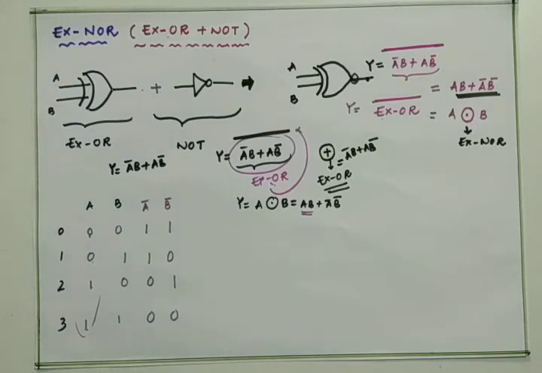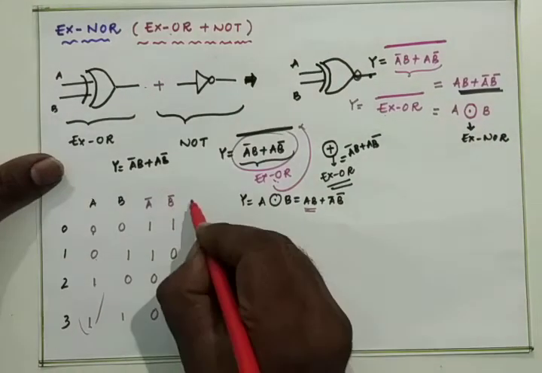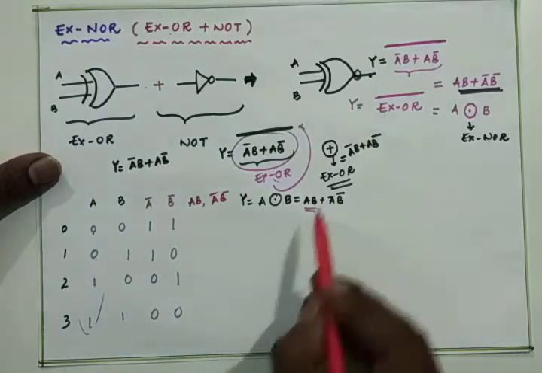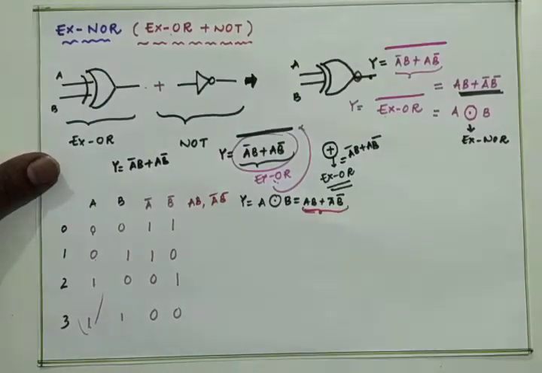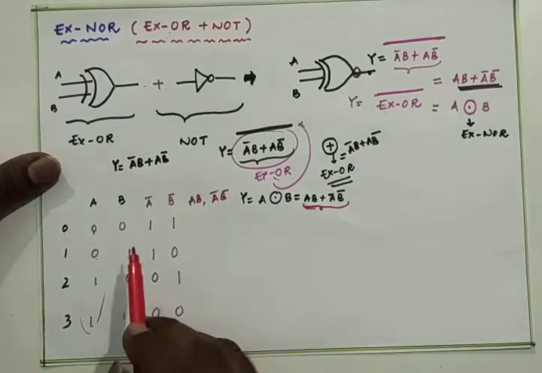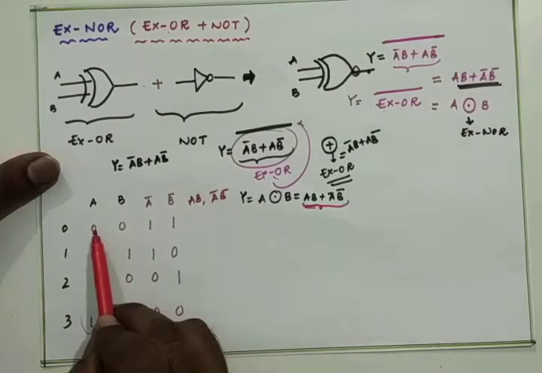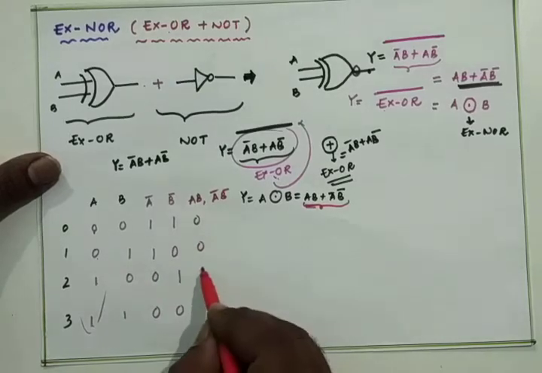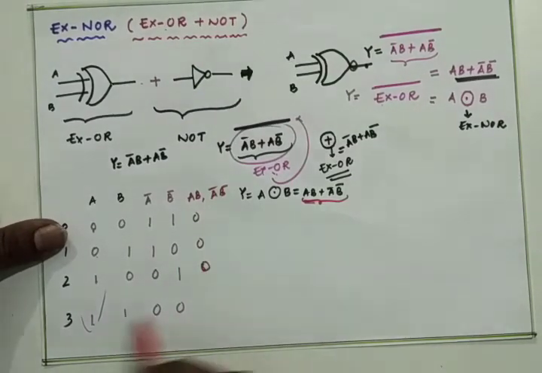What is the first product term we have? The first product term is AB. The second product term is A bar B bar. Finally the output is AB plus A bar B bar. First AB, that means A dot B: 0 into 0 is 0, 0 into 1 is 0, 1 into 0 is 0, 1 into 1 is 1.